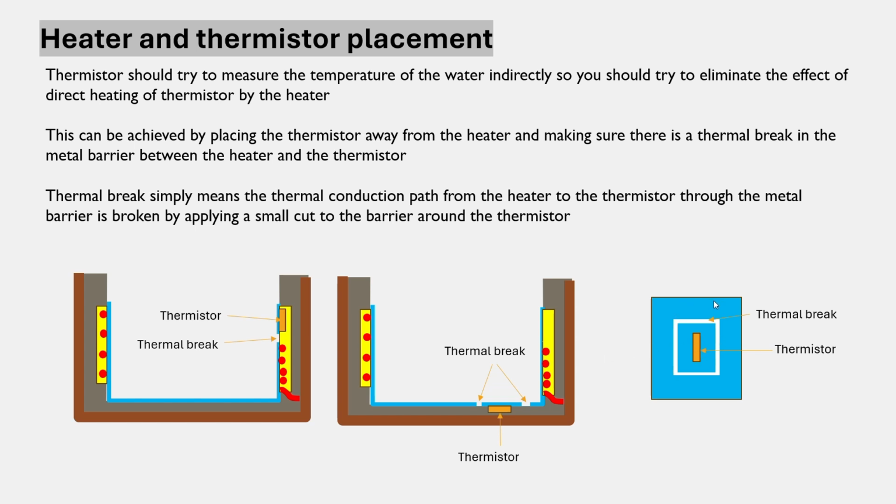And where this blue color is the barrier material, and you have cut the barrier material. It doesn't have to be a big wide cut, maybe a small narrow cut that stops direct conduction through the aluminum. Okay, so the heat that directly heats up the thermistor is slowed down. At the same time, the thermistor is separated from the cup through a barrier material. So you could do something like that to have your thermistor isolated from the heater to a certain extent.